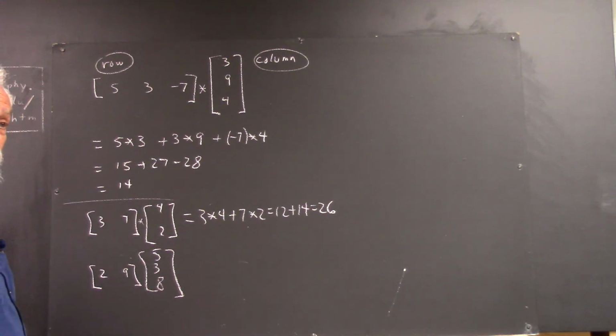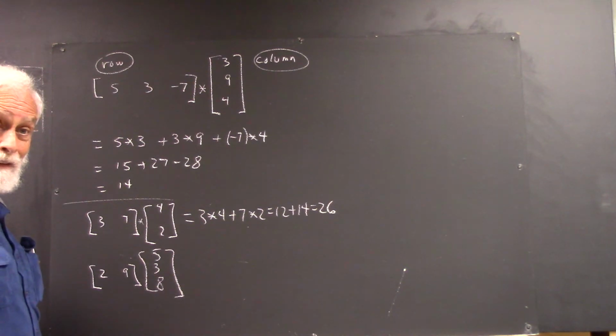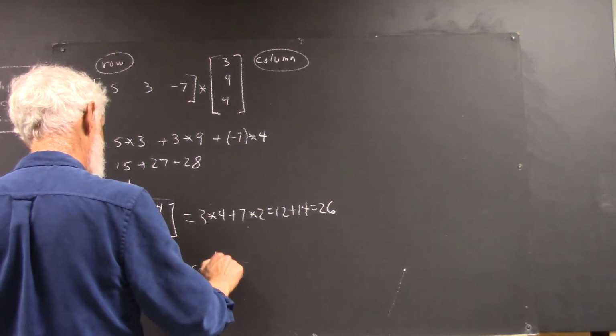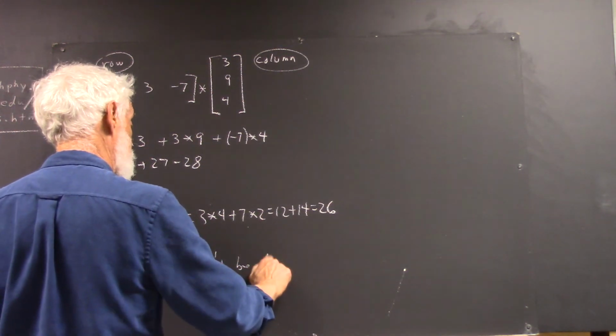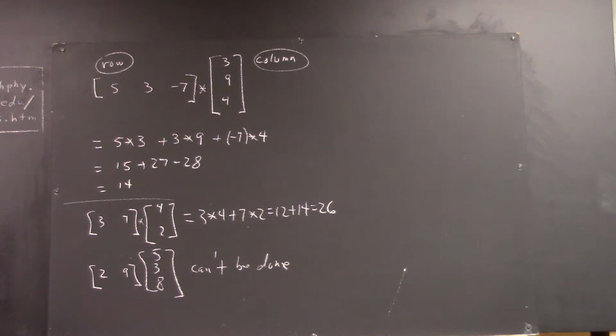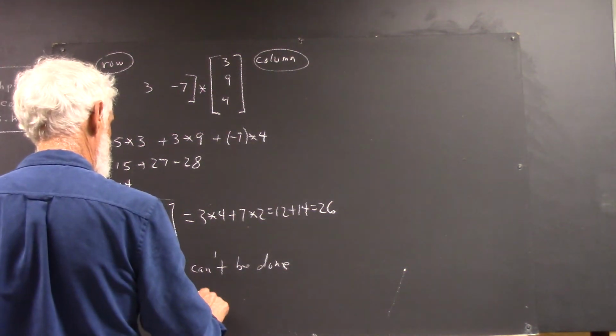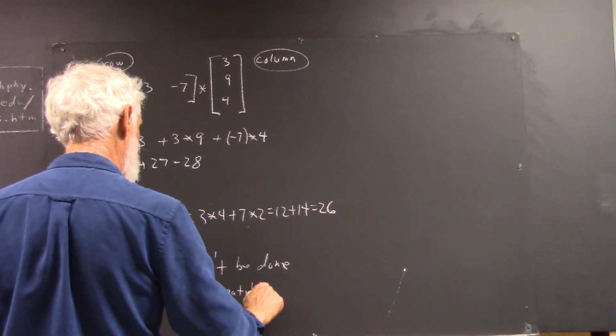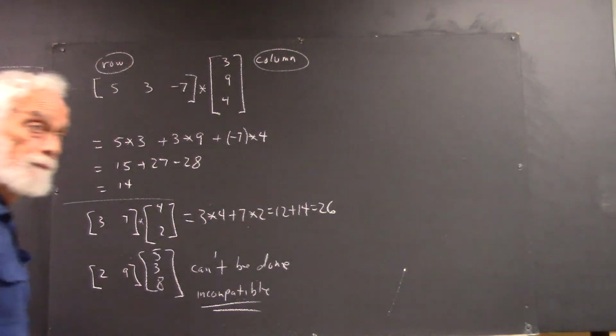You could define it that way, but the way we're going to define this is we're going to say it can't be done because there's nothing to match up. Okay? In other words, it's incompatible. Okay?